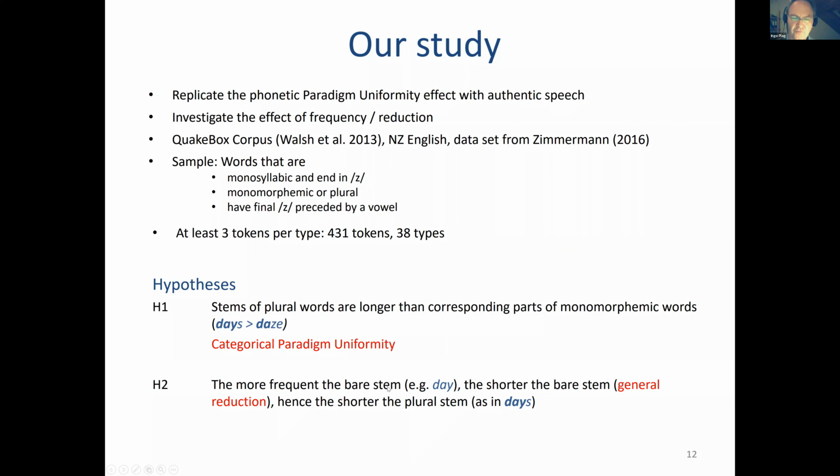So if you have a more frequent bare stem, then this bare stem should be short. Therefore, the articulatory gesture that also influences the inflected word should also be shorter, and therefore the plural stem should also be shorter. That's the idea. And we call this the gradient paradigm uniformity effect, because it depends on the gradients of the frequency of the bare stem.